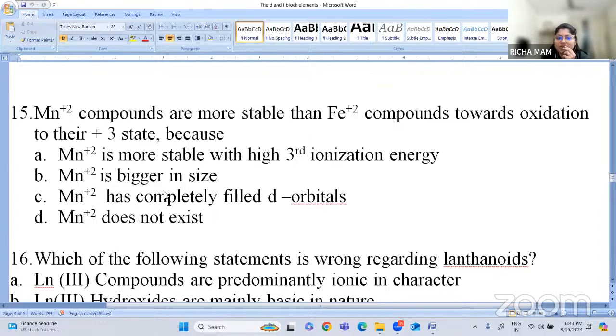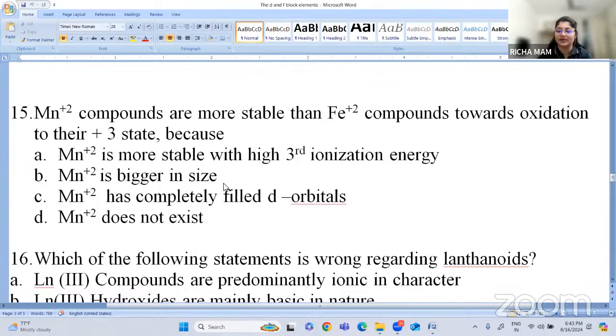B, Mn plus 2 is bigger in size. C, Mn plus 2 has a completely filled d orbital. D, Mn plus 2 does not exist. What is the answer? Why are Mn plus 2 compounds more stable as compared to Fe plus 2 in their plus 3 oxidation state?